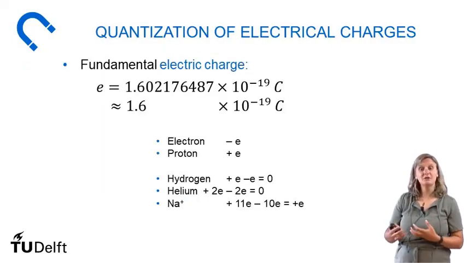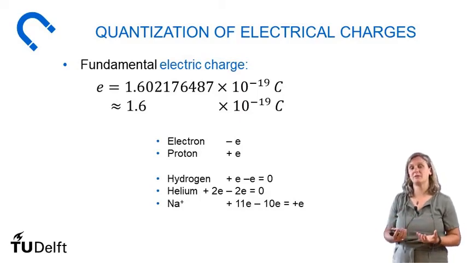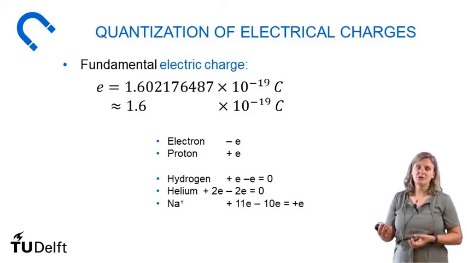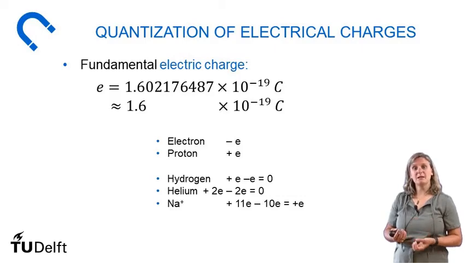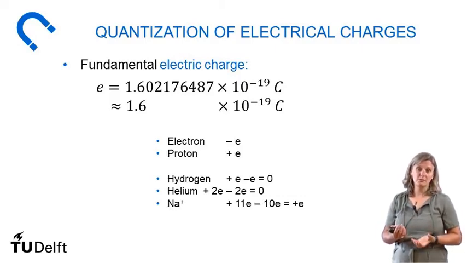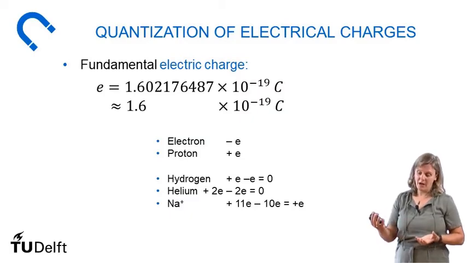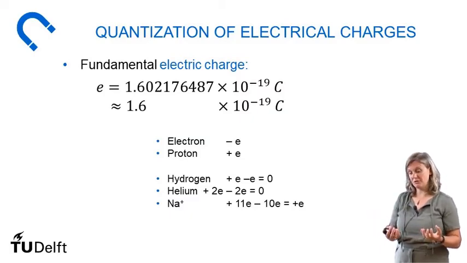So I told you about the magnitude of electric forces and about their direction, but another important aspect of electrical charges is the fact that they're quantized. When Coulomb found out that there were these electric forces exerted on each other, he did not know that electrons existed.